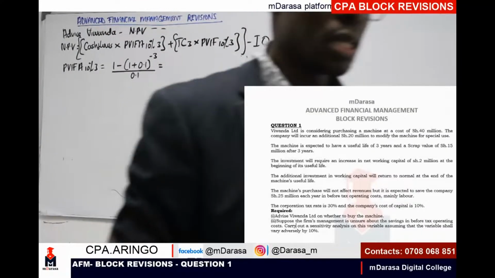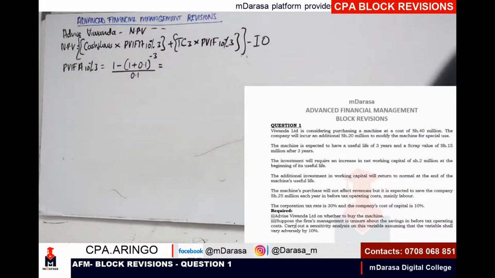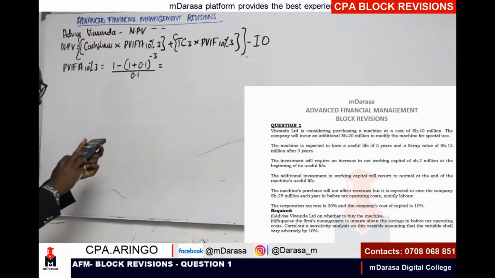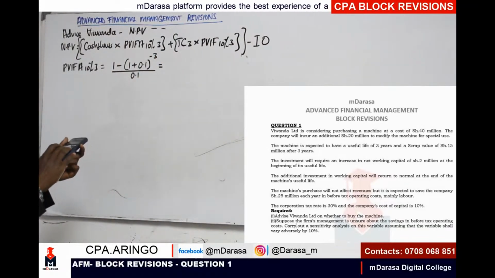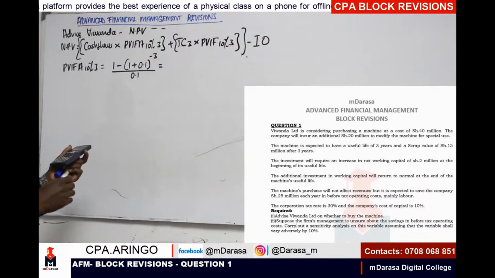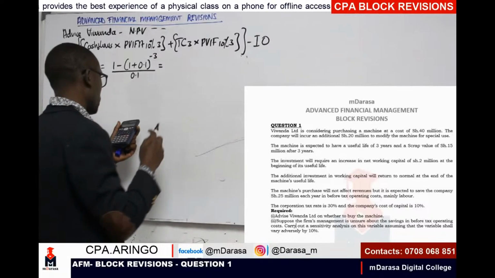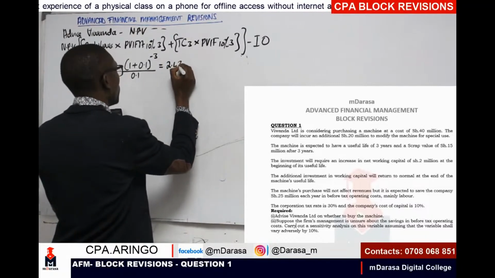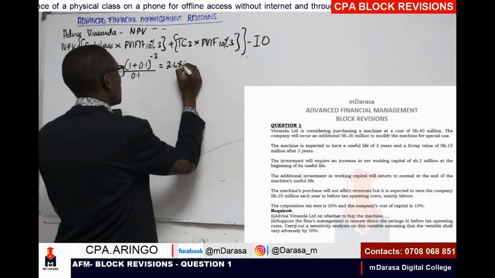So I should have 1.1 raised to power negative 3, 1 minus answer, divide by 0.1. This should give me, to 4 decimal places, 2.4869.